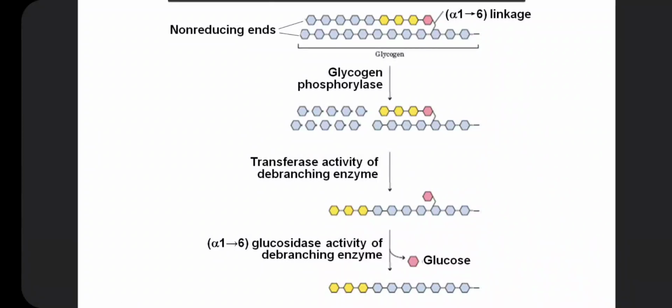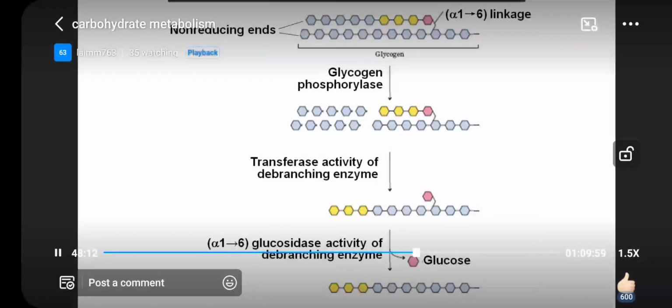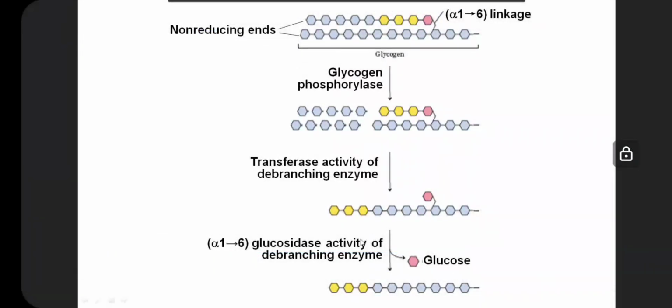And the other active enzyme has 1,6-glucosidase activity. The 1,6-glucosidase can catalyze the hydrolysis of the 1,6-glycosidic bond to release free glucose. Then the phosphorylase can work on the glucosyl groups.